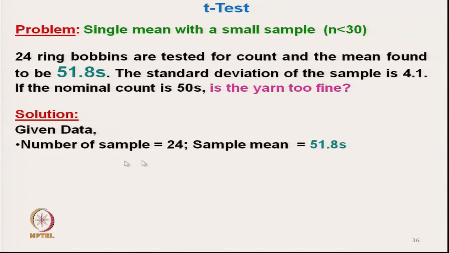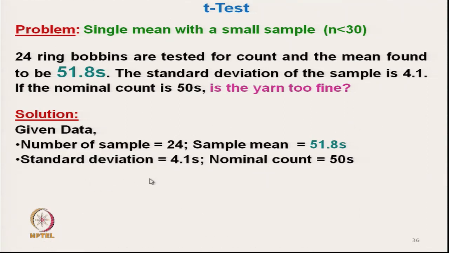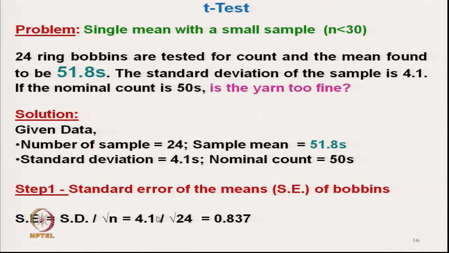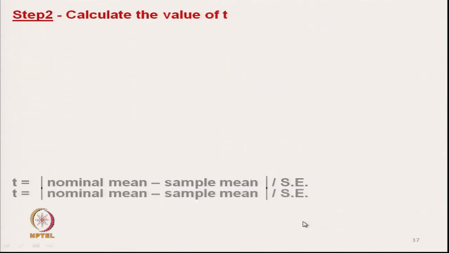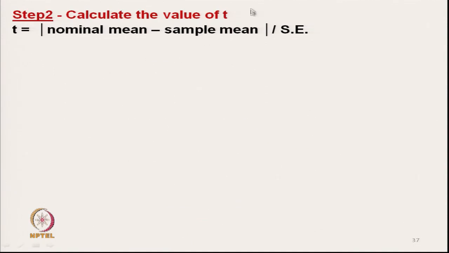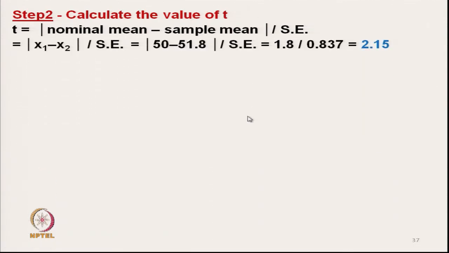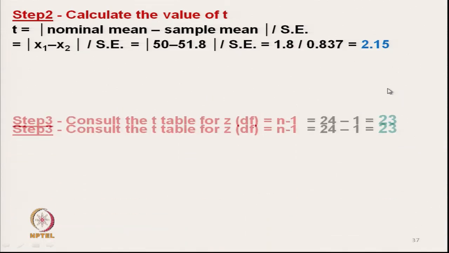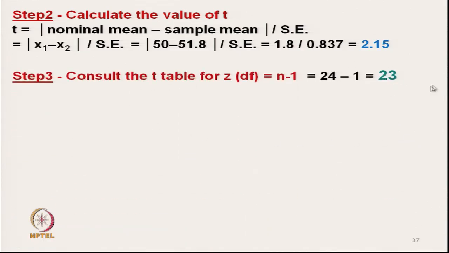The same way we will go. The sample mean is 51.8, the standard deviation is 4.1, and the nominal count is the same as step 1. The standard error is the same, because the number of samples and the standard deviation are the same. Only the sample mean has become 51.8. So, the t value has become 2.15 and the degree of freedom is 23.